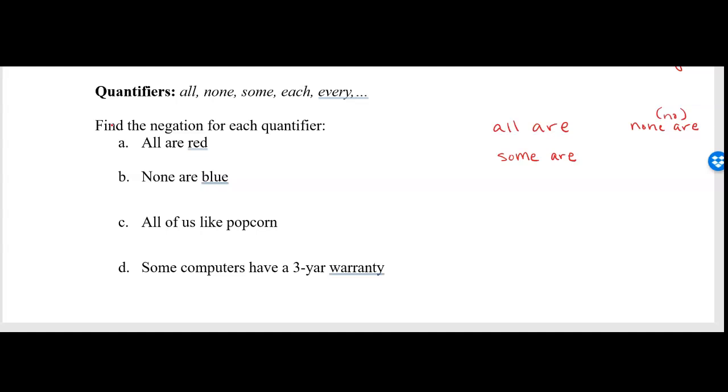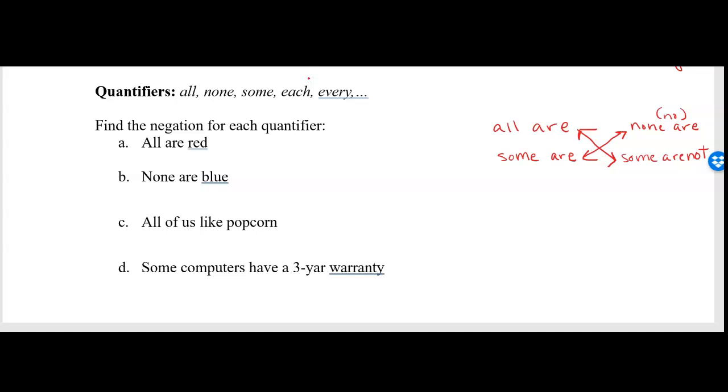And then some are not. Now, like I said, there's a reason why I'm writing this. These are opposites on the diagonal. The negation of no or none are would be some are. That is the negation of these two.